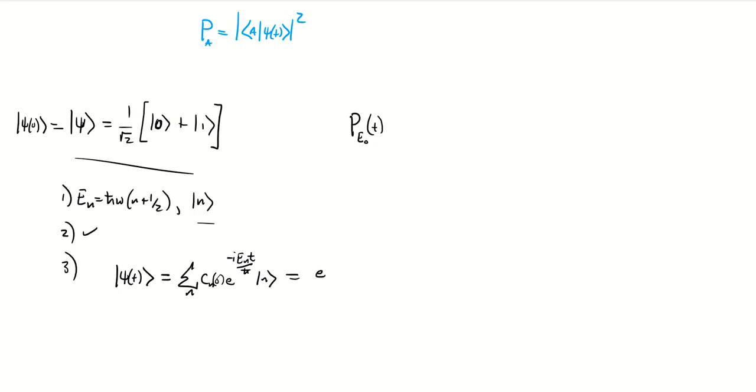So this is e to the negative i, and the energy would just be h bar omega over 2, so omega over 2 times t, times |0> over root 2, plus e to the negative i omega times (1 plus 1 half) t over root 2 times that state vector |1>.